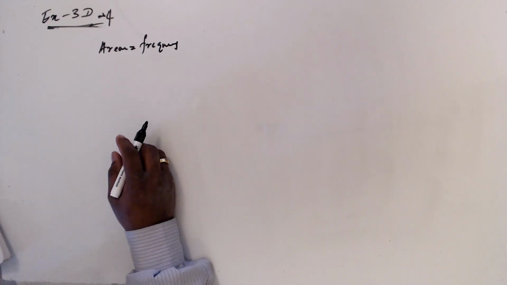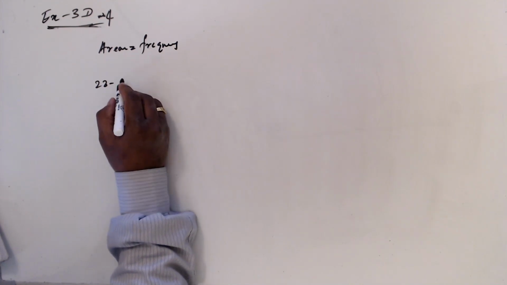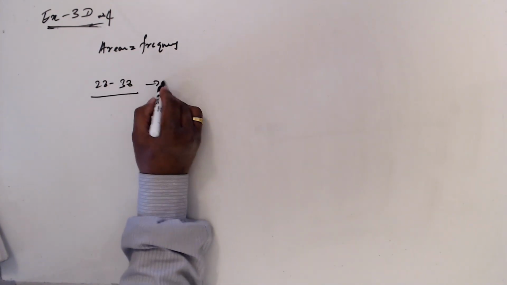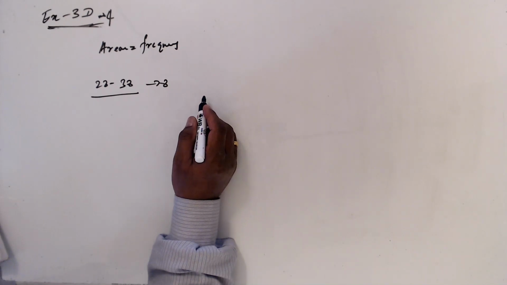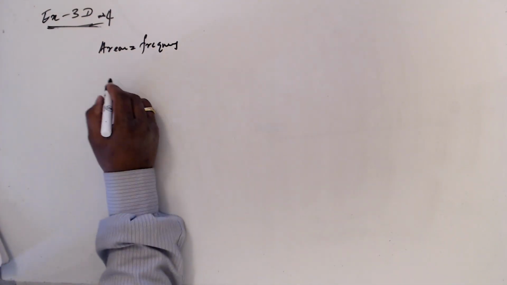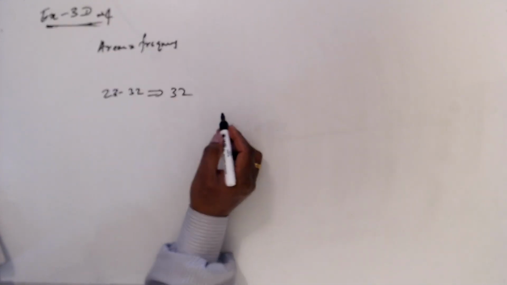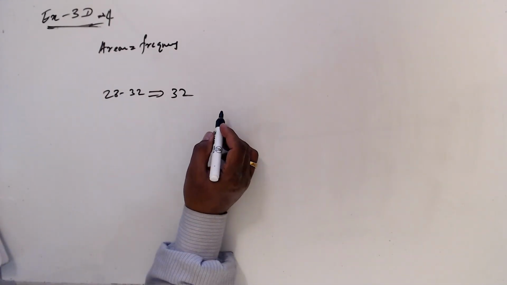Question number 4. The farmer found the masses of a random sample of lambs. The masses were summarized in the group frequency table and represented by the histogram. The frequency is given. In the 28 to 32 interval, there are 32 lambs.